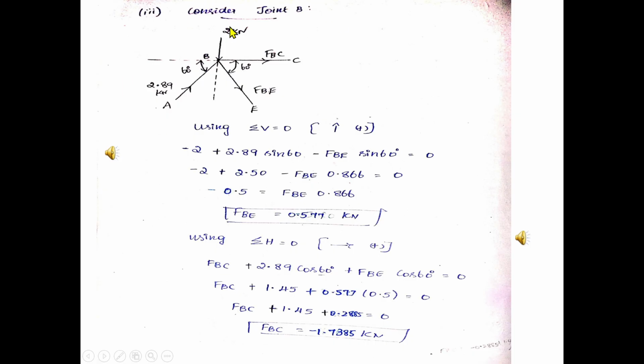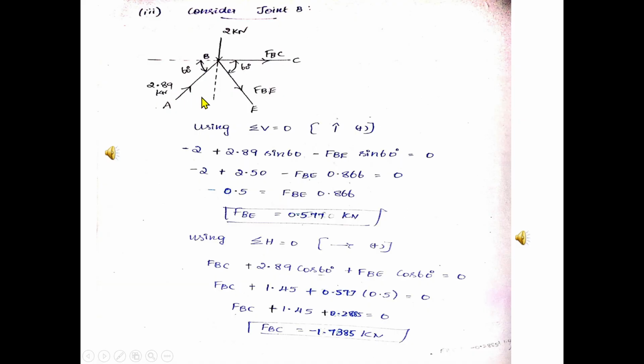Now, after drawing the free body diagram, you can use sigma V equal to 0 and sigma H equal to 0. So when you use sigma V equal to 0, start with the already available vertical force. So this 2 is already vertical and acting downward, therefore minus 2. And this 2.89 inclined force shall be resolved vertically. And this FBC will not come into play as it is truly horizontal.